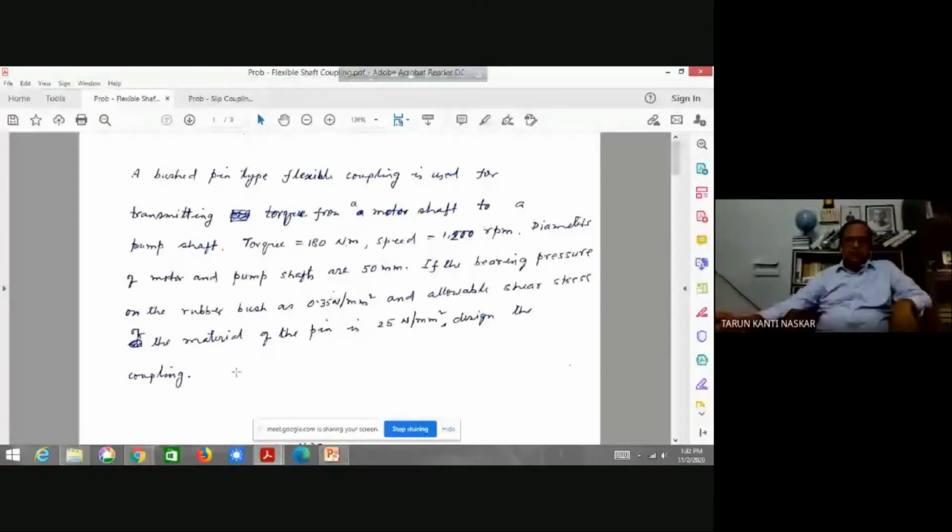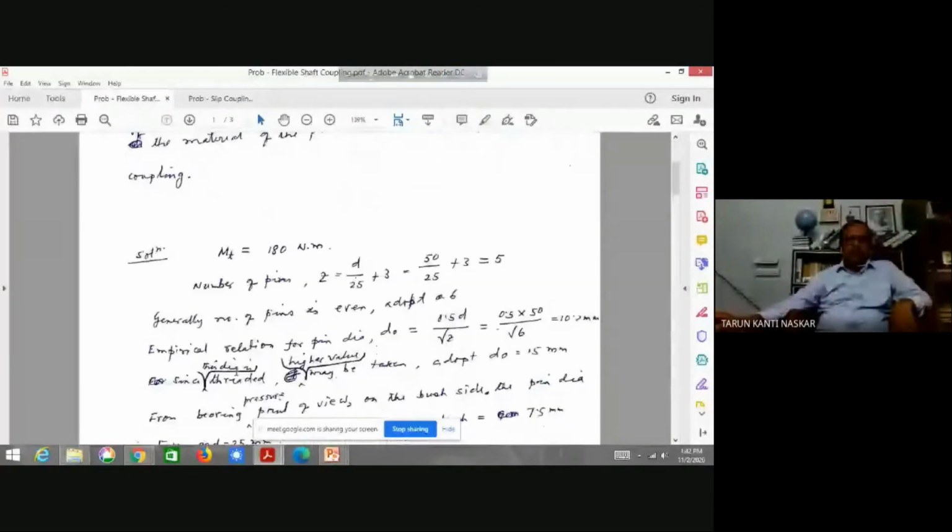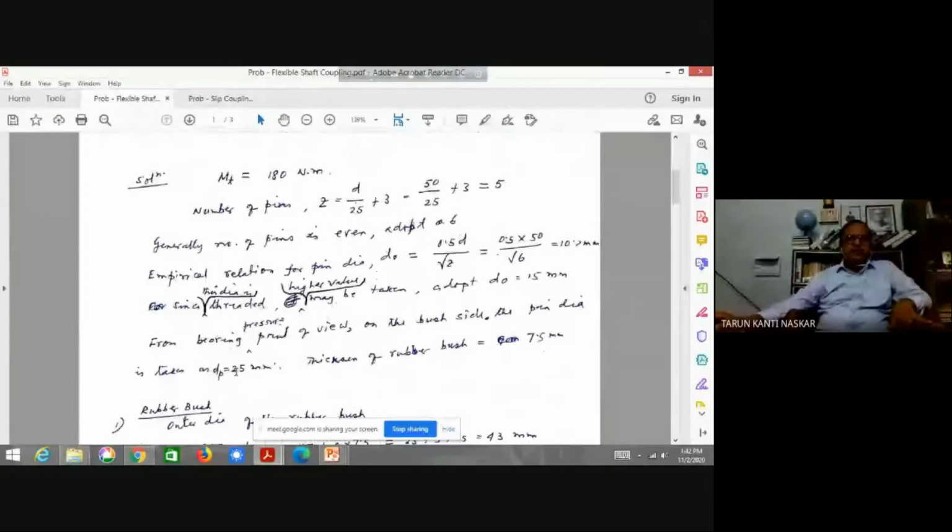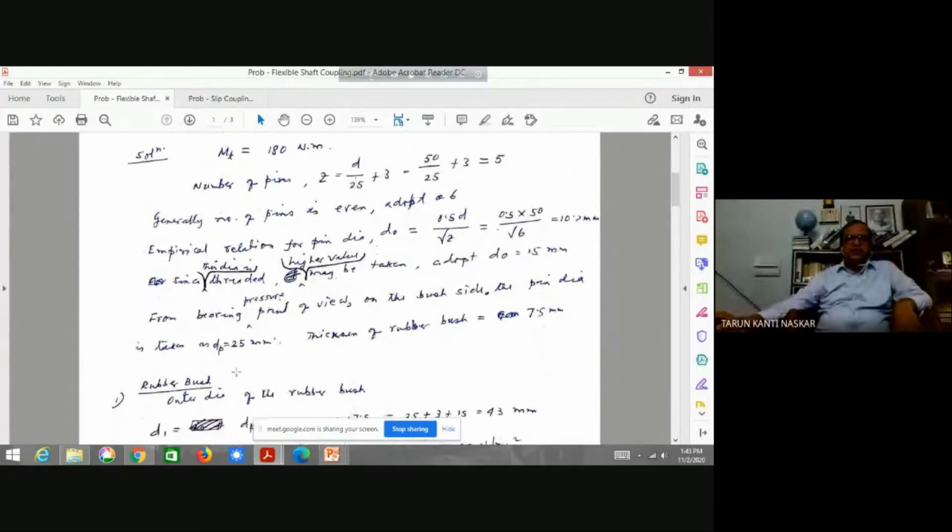Now the solution. So MT is 180 Newton meter. Number of pins Z: this is the empirical expression for the number of pins, Z equal to D by 25 plus 3, and we are getting 5, but the number should be an even number, not odd.